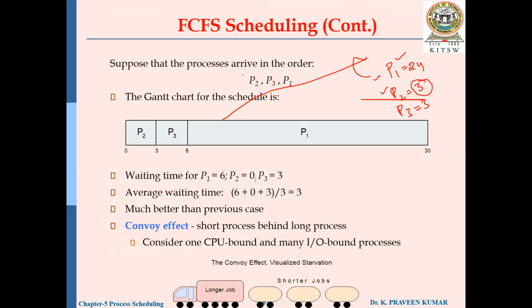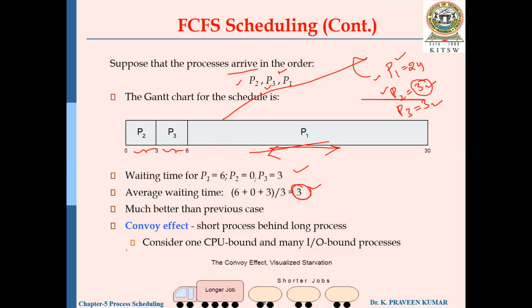If the processes are in this order, P2, P3, P1, that means if you take the small job, the shortest burst time, first, then this will be your Gantt chart. It is 3 units of time, then 3 units of time, then 24 units of time. If we calculate the waiting time and average waiting time, the average waiting time is 3.